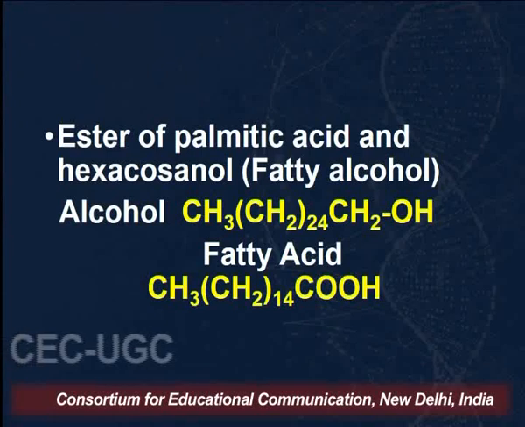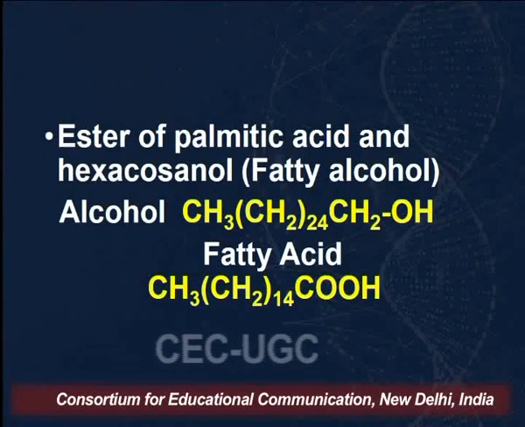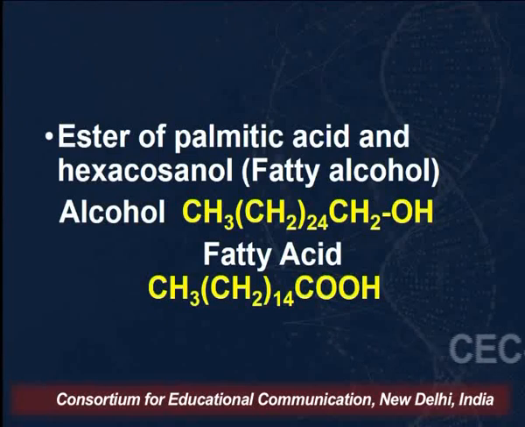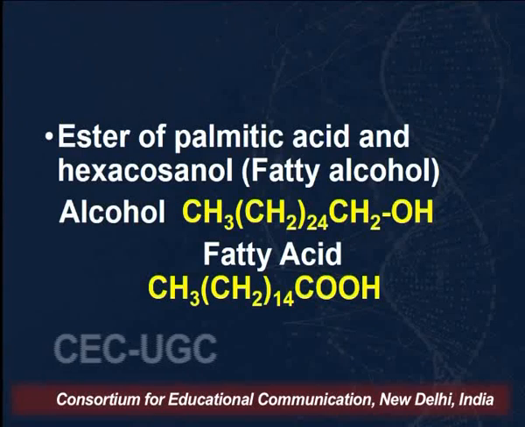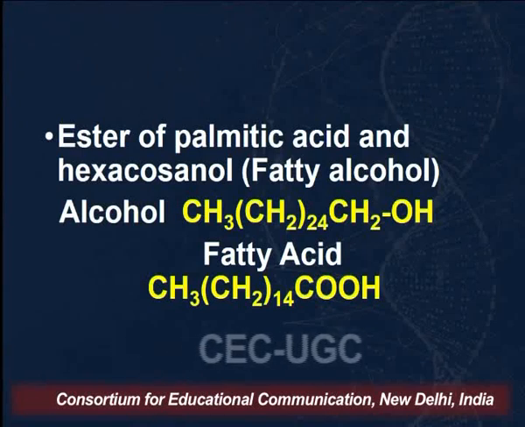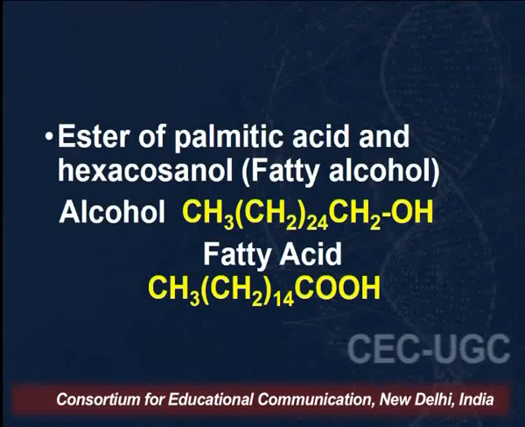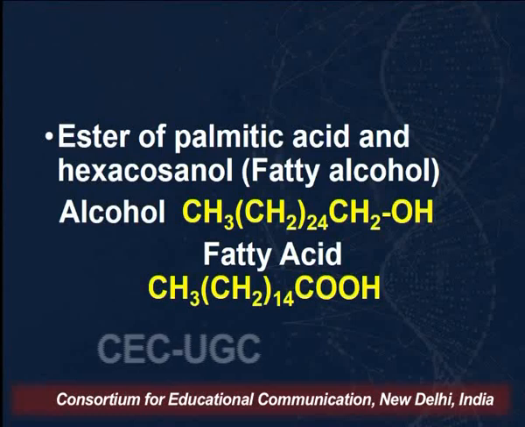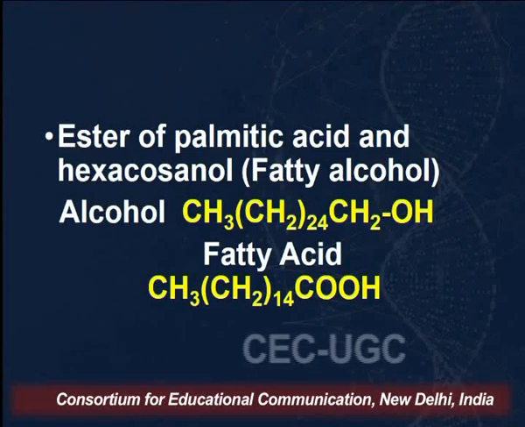When we talk of basic naming, we know cosane is a molecule of alkane, that is, it is a saturated hydrocarbon which has 20 carbon atoms in it. So when we talk of cosane, we are talking of a molecule having 20 carbons, and cosanol means it's a derivative of alkane, so it has an alcoholic group.